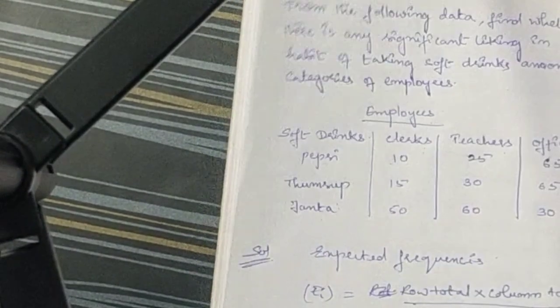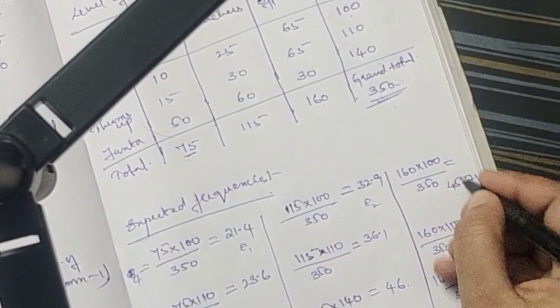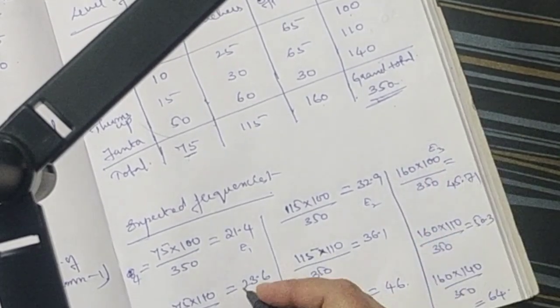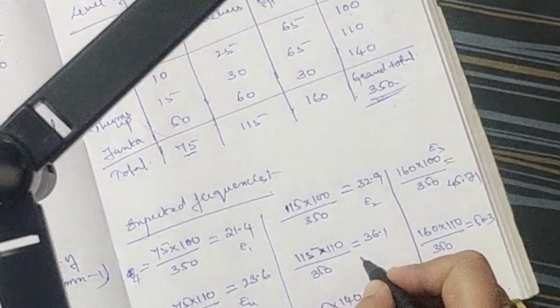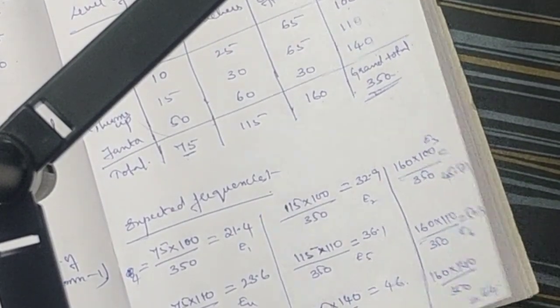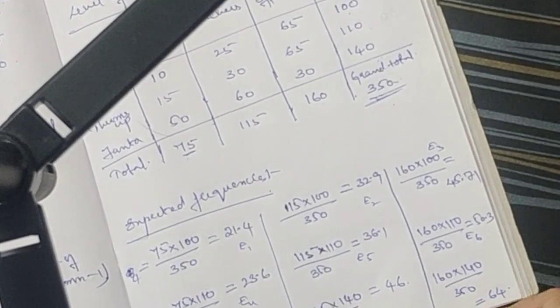Now, this will be your E1, E2, this is your E3, this is your E4, E5, E6, E7, E8, and this is the value for E9.